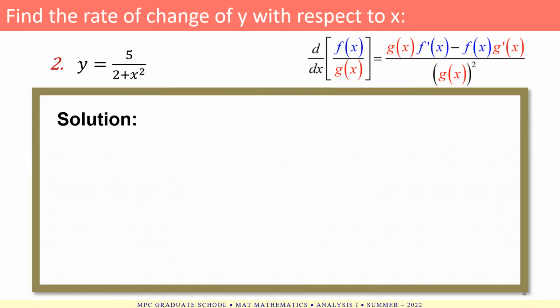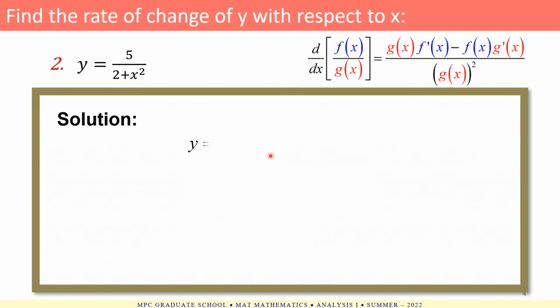Next, number 2. y equals 5 over 2 plus x squared. This is the rule that we're going to use, the quotient rule: the low d-high minus high d-low over low squared.